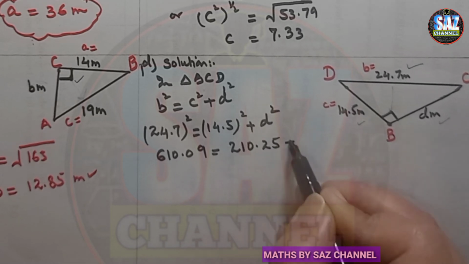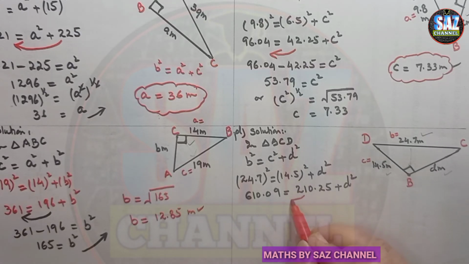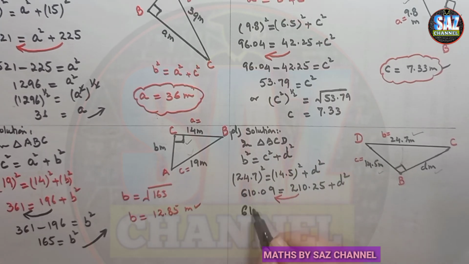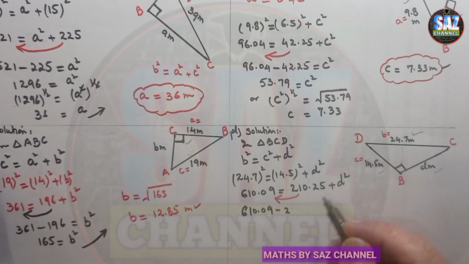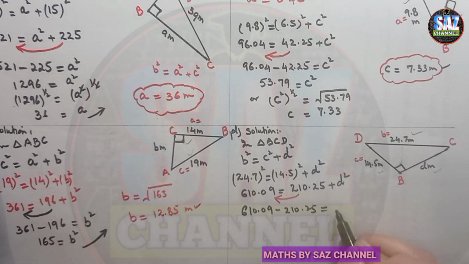210.25 plus D square. Now shift this 210.25 to the other side, and the equation will take the form 610.09 minus 210.25 equals D square.